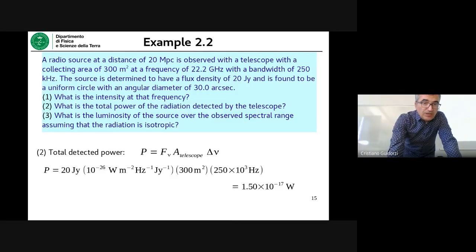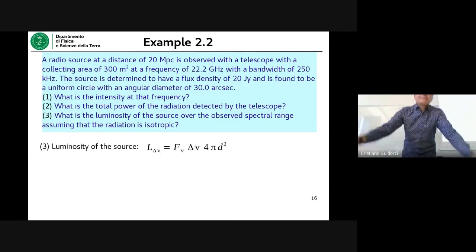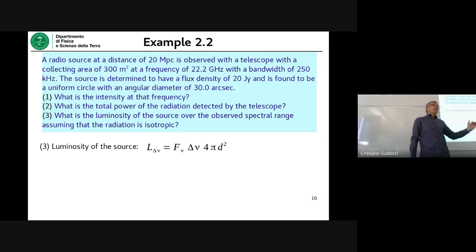Finally, what is the luminosity of the source over the observed spectral range, assuming that the radiation is isotropic? Well, in that case, specific flux times what? Well, again, times frequency range. But in particular, you are at a distance d of the source.